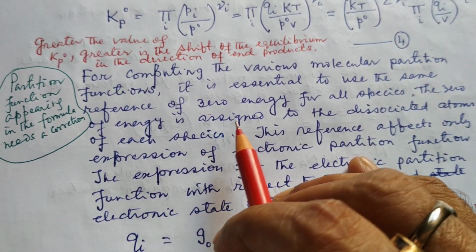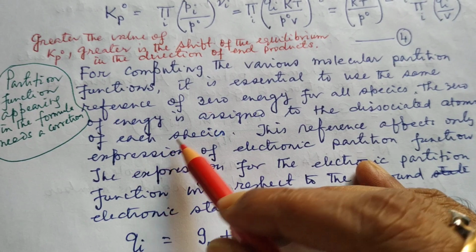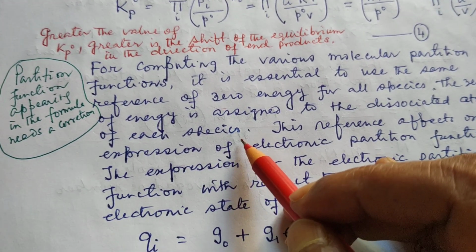The zero of energy is assigned to the dissociated atoms of each species.